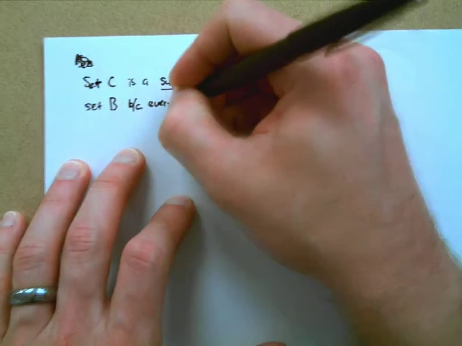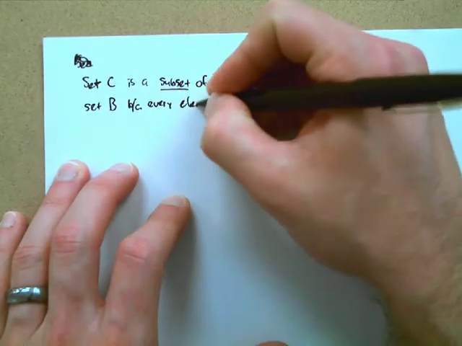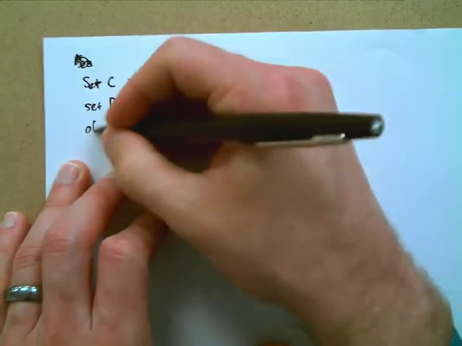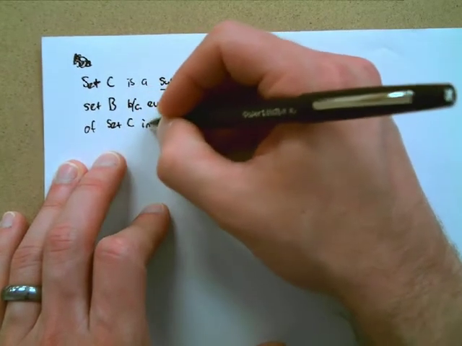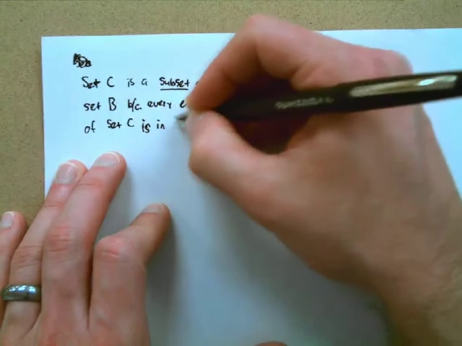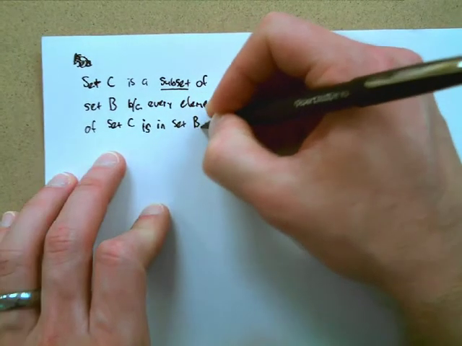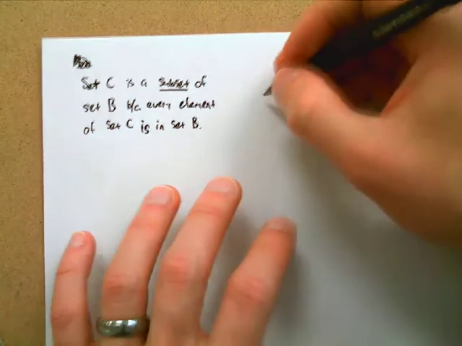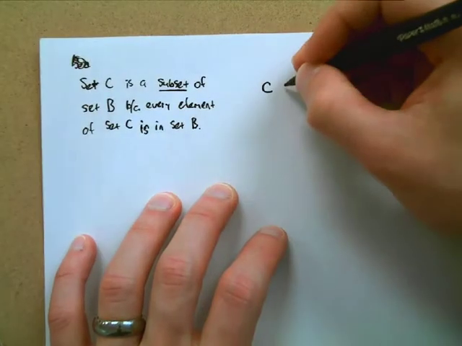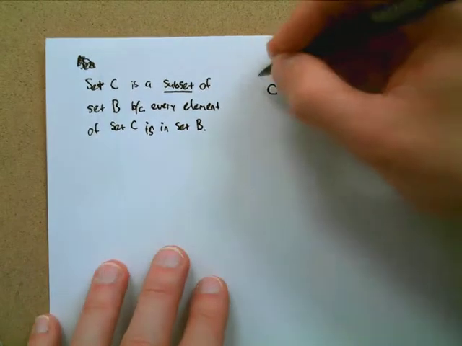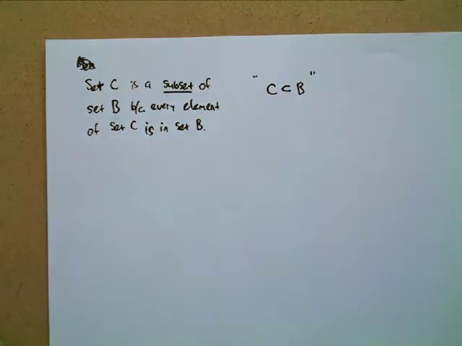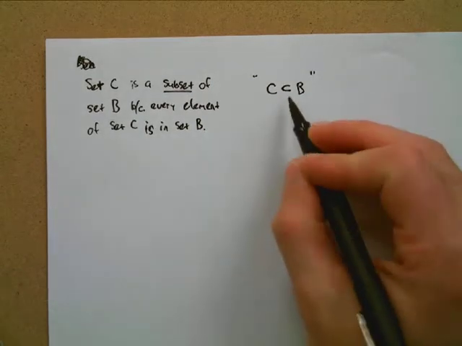So set C is a subset of set B because every element of set C is in set B. And we denote that this way: C is a subset of B. You'll notice the symbol is like our U, but the U is on its side.